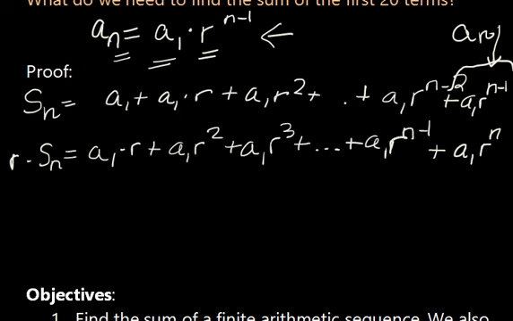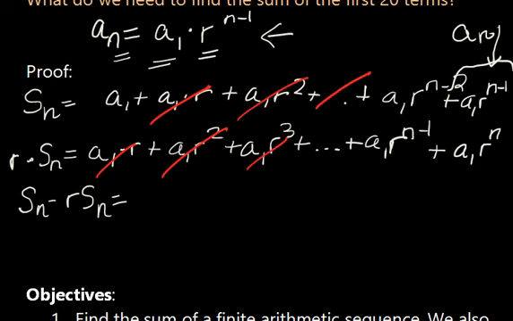Okay. If I subtract, taking our first line, s sub n, minus r times s sub n, you can see how a lot of the terms in the middle of both of these expanded definitions end up canceling out.